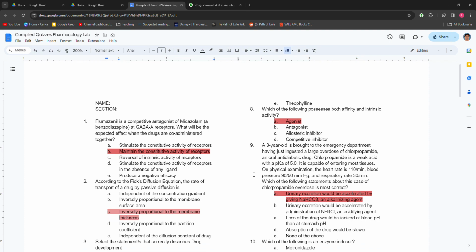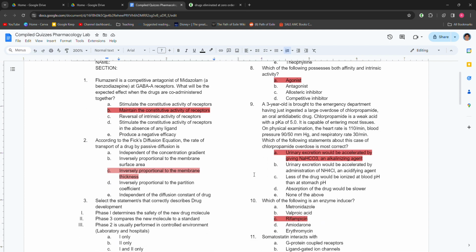Number 8, which of the following possesses both affinity and intrinsic activity, and that describes an agonist? Next, you have a drug, chloropropamide, which is a sulfonylurea. It stimulates the pancreas to release insulin, and it is a weak acid with a pKa of 5, meaning it starts to ionize at an environmental pH of 5.